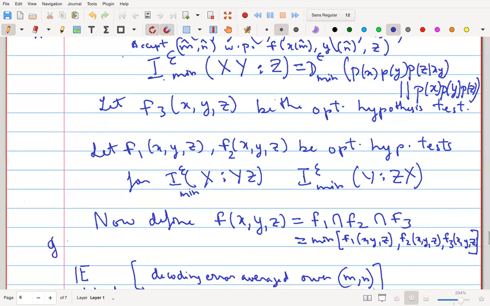Let us say G, I can define it to be F1 union F2 union F2. If you are thinking of hypothesis test subsets, then it's the union of the subsets. And if you are in the fuzzy world, it's the union of the fuzzy sets. In other words, it is the pointwise maximum. So G XYZ is the maximum of these quantities.